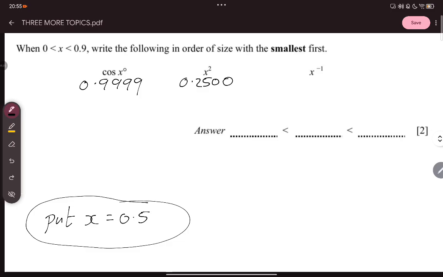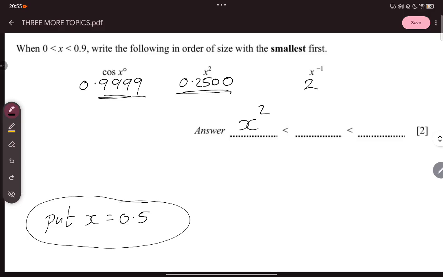X to the power negative 1. Well, that's just 2. And, well, I can see that 2 is the biggest of those numbers there. So the smallest number is that one, isn't it? So x to the power 2 would be the smallest number.